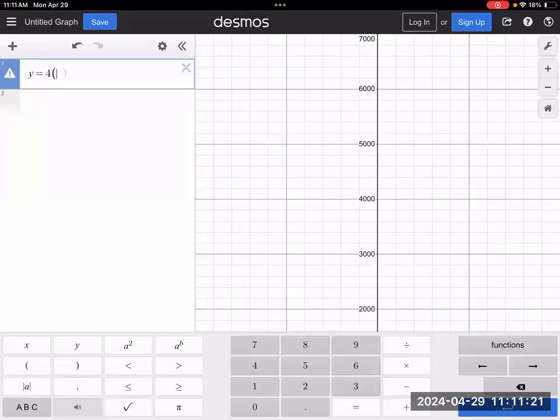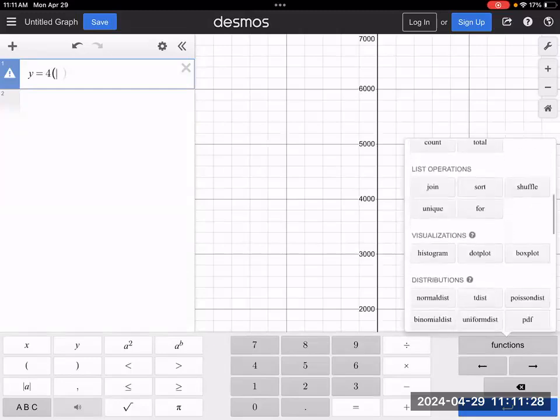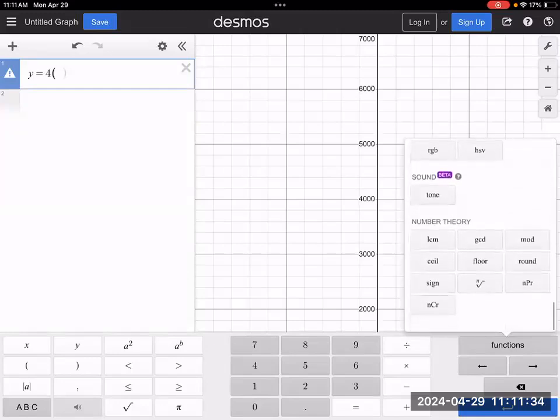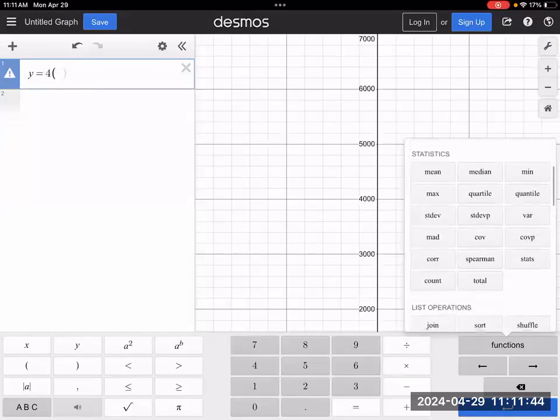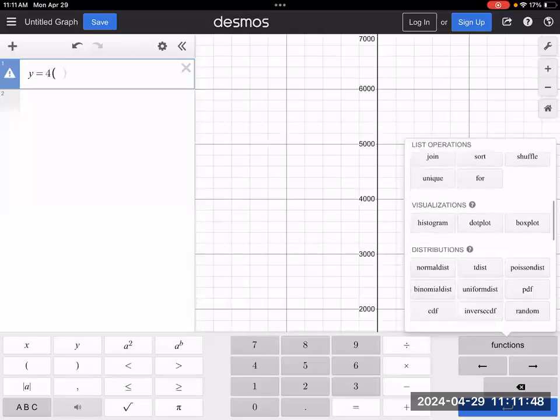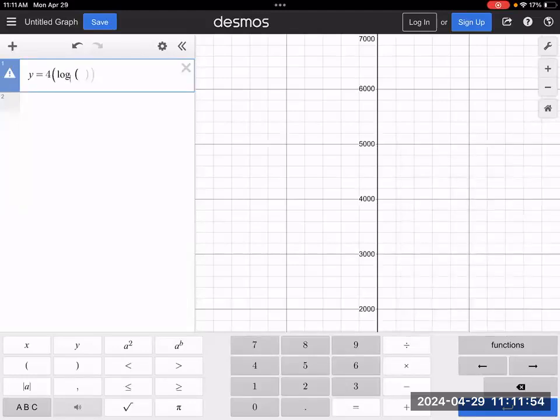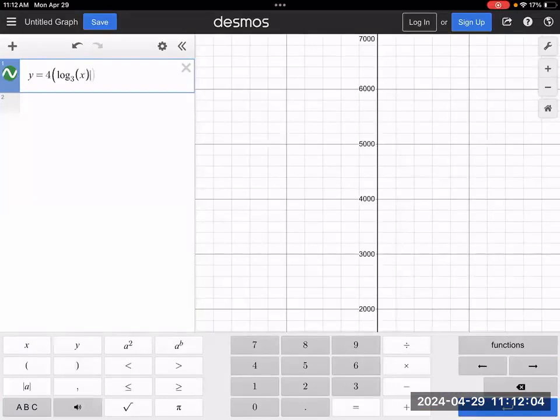Oh, there we go. 4 log 3 of x, and then we have y equals -8.